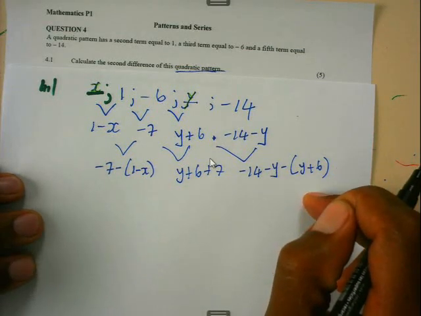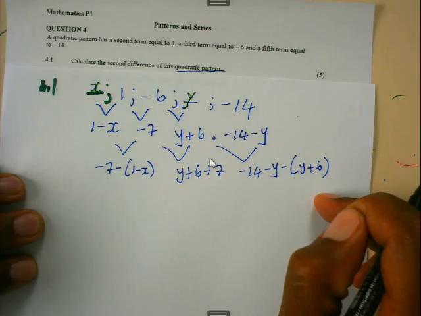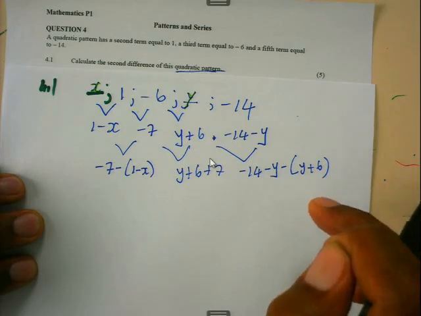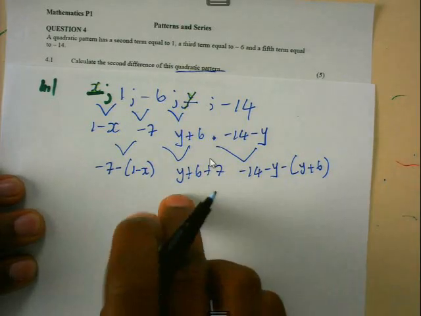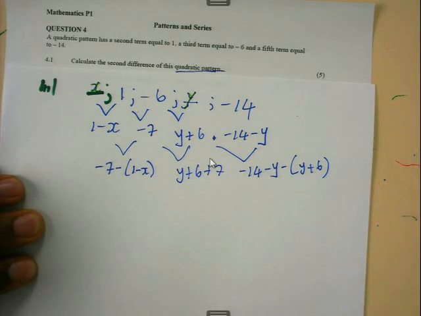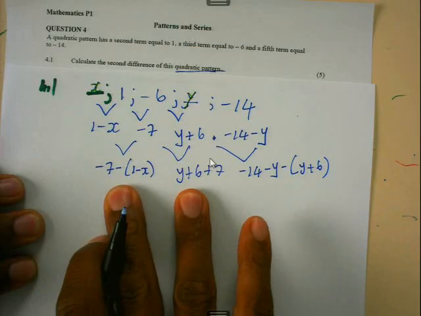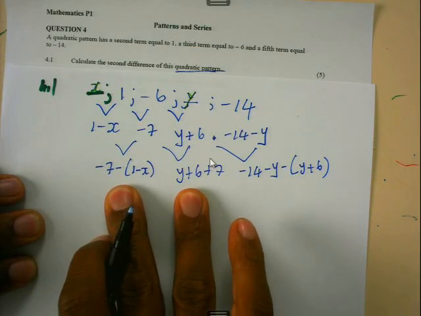But now the question is, what is it that you are going to do from here? Boys and girls, we said that in a quadratic pattern, the second difference is the same. Is that correct? Yes, now it means we're going to take it from here. It's very important because I want to know what is the second difference. Now, I cannot take the first 2. Why? Because then I will have 2 unknowns, right?